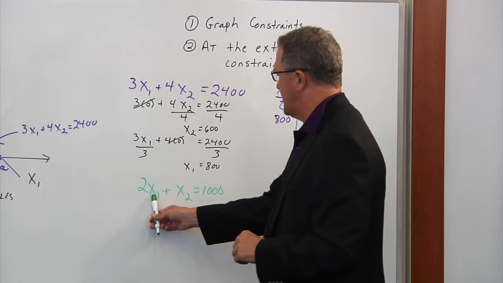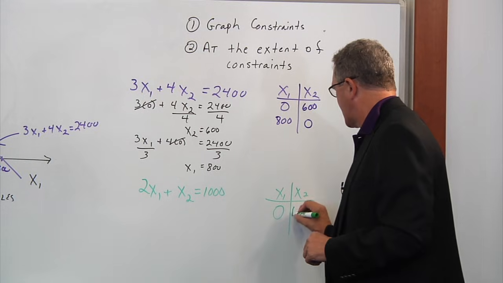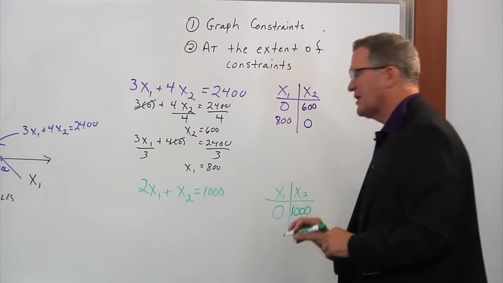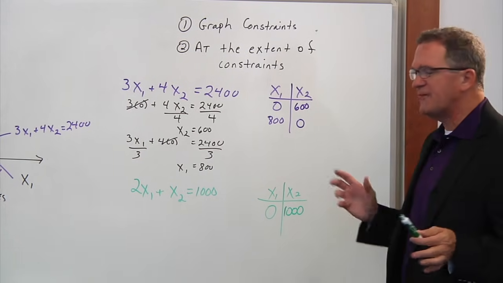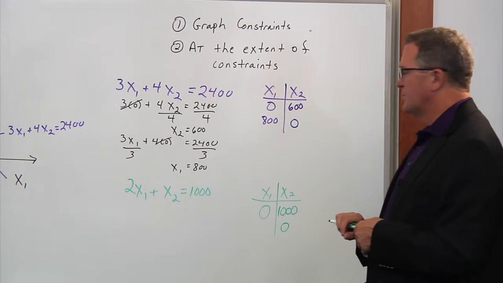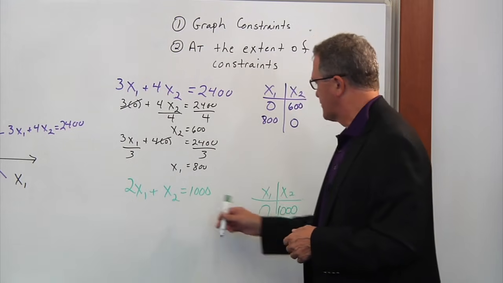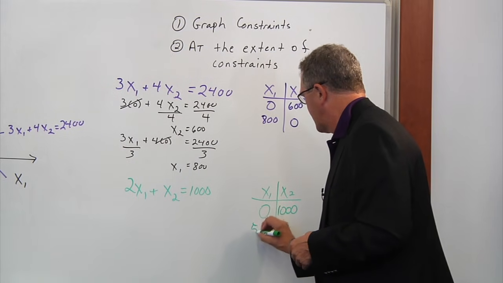Well, 2 times 0 is 0, so that means x2 equals 1,000. I can paint 1,000 chairs if I don't build any tables. If I don't build any chairs, this becomes 0. 2x1 equals 1,000. x1 is 500.